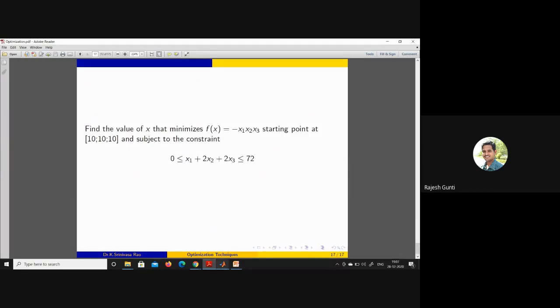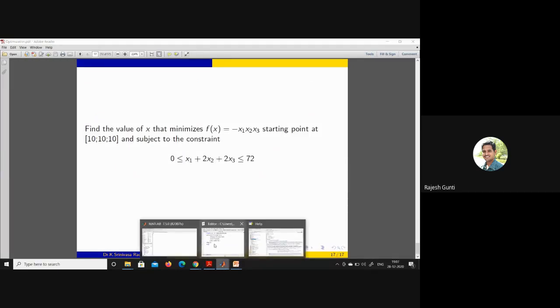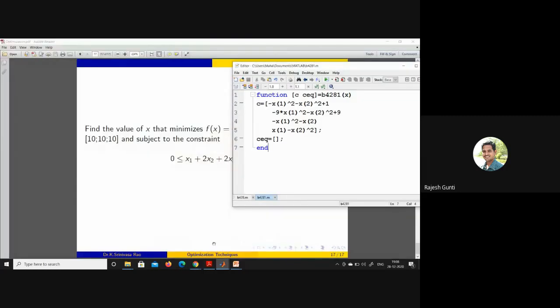Now you take an m-file. B428, f is minus x of 1, x of 2, x of 3. Save.